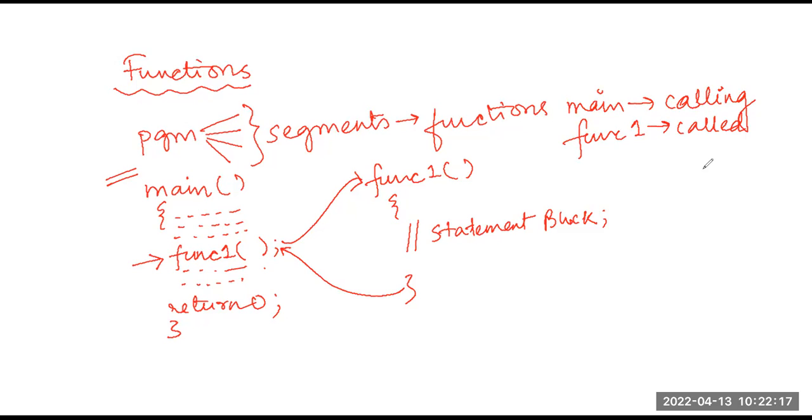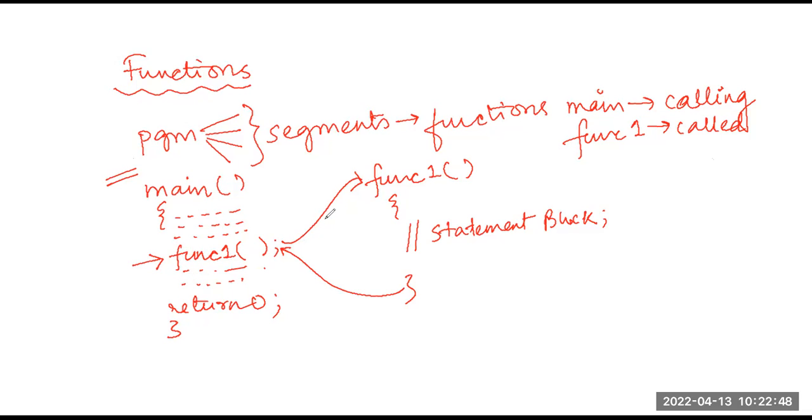So the moment the compiler encounters a function call, instead of executing the next statements below the calling function, it won't execute the statements below.